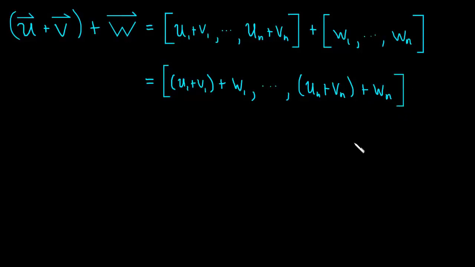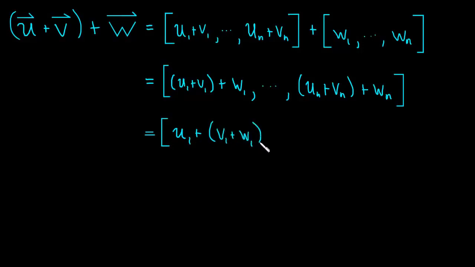Okay. And now again we have real numbers here, and real numbers are associative. Addition of real numbers is associative, and so we're just going to use that property of real numbers. So this is the same thing as u1 plus v1 plus w1.